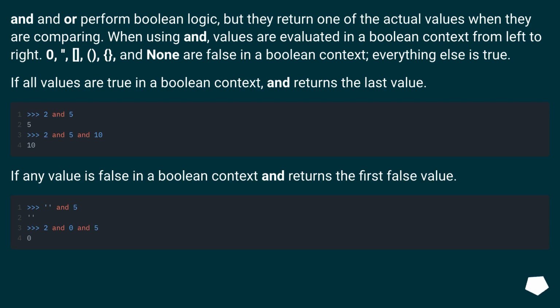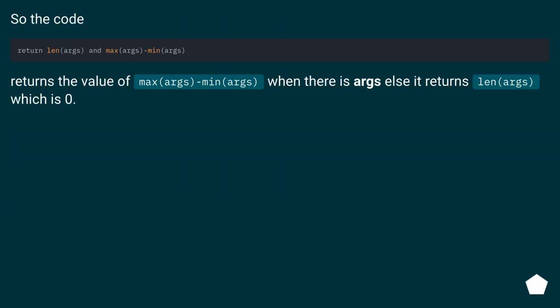If all values are true in a Boolean context, and returns the last value. If any value is false in a Boolean context, and returns the first false value. So the code returns the value of max(args) - min(args) when there are args, else it returns len(args), which is 0.